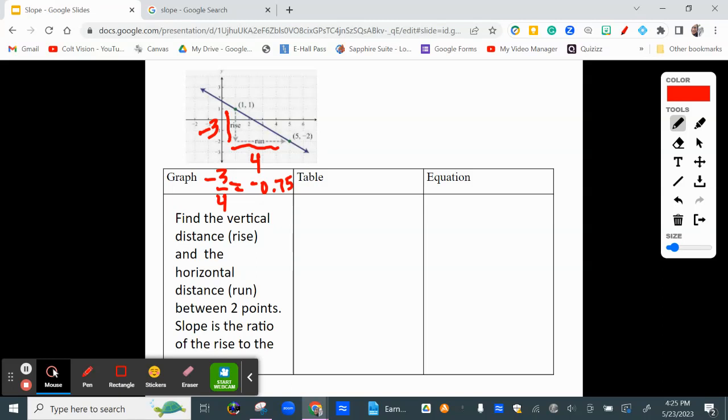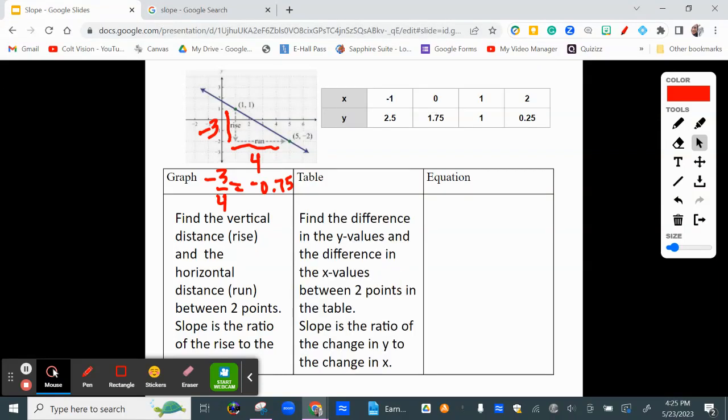Then you also learned that you can find slope in a table. To find slope in a table, you find the difference. What I want to make the connection to right now is between finding the difference and counting on this graph. Finding the difference is subtraction. Here are 2 points, 1 and 0.5, and 2 and 0.25.